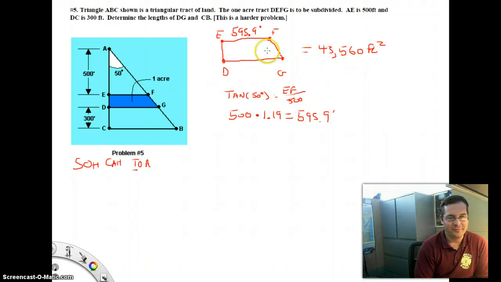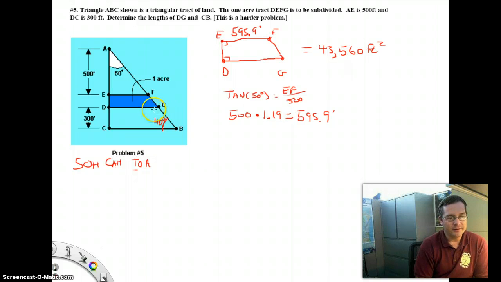Well, this isn't really a very clean geometric shape, right? I mean, we know we've got a 90-degree corner here, and we've got a 90-degree corner here, but these angles are not 90 degrees. In fact, this angle in this corner here is going to be the complement to this 50-degree angle, right? So the angle in corner G, by equal angles identity, is the same as the angle in vertex B, which is 40 degrees.